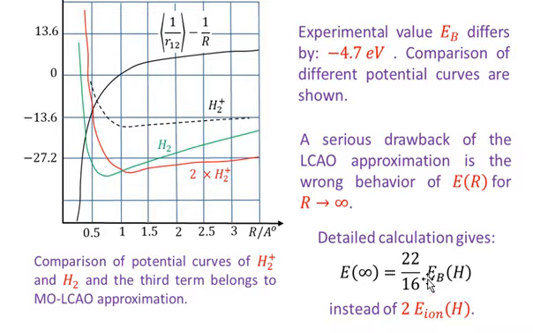So when R goes to infinity, the binding energy approaches this value. We should have this result, which the green curve is not producing. Detailed calculation gives this, instead of twice the binding energy of the hydrogen atom when it is ionized, twice of that one.